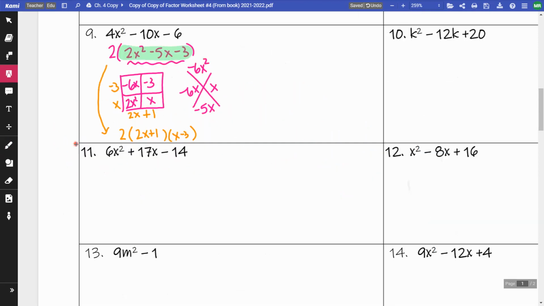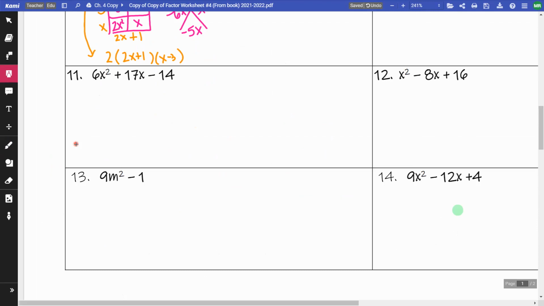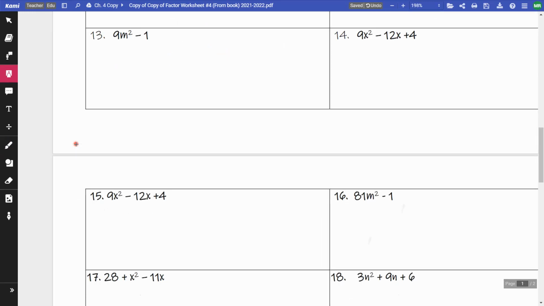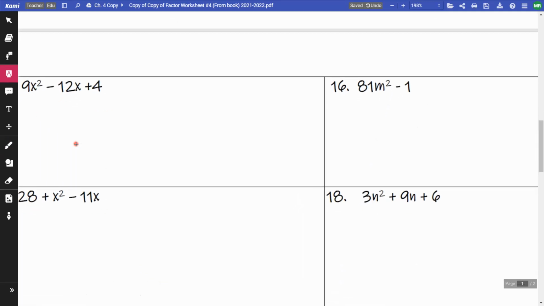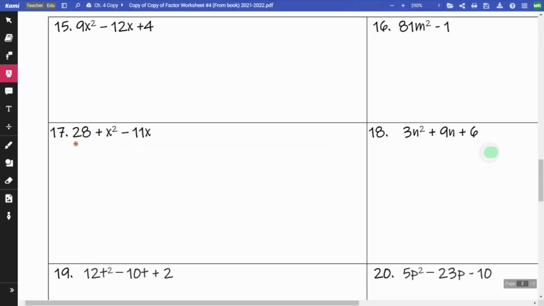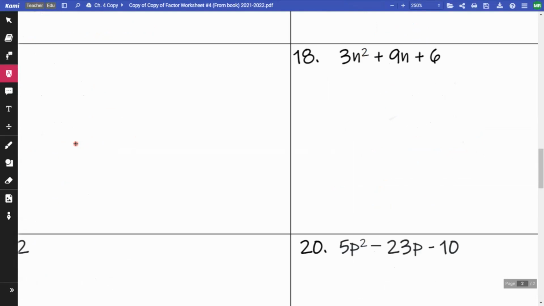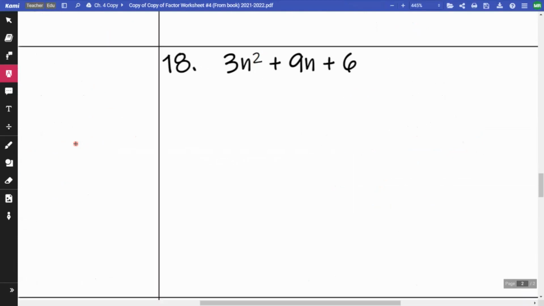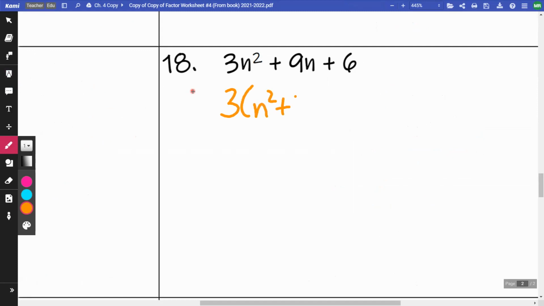Let's see, just looking at these. Now, if I look at number 18 here, I see that I have a 3, a 9, and a 6, so I can factor something from each of those. I can factor a 3 out, and I'm left with an n squared plus 3n plus 2.